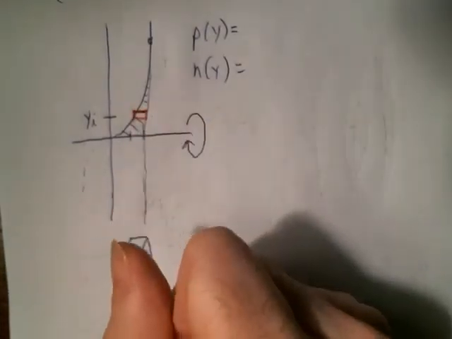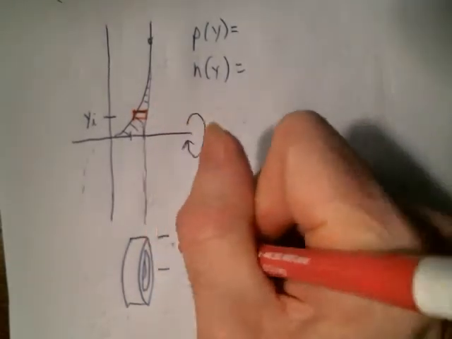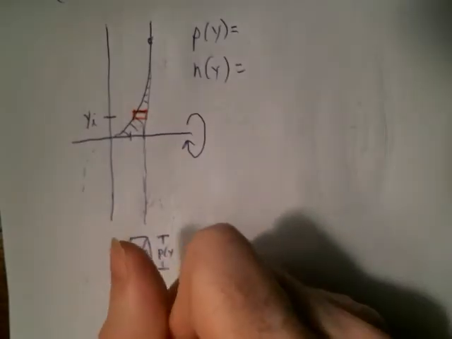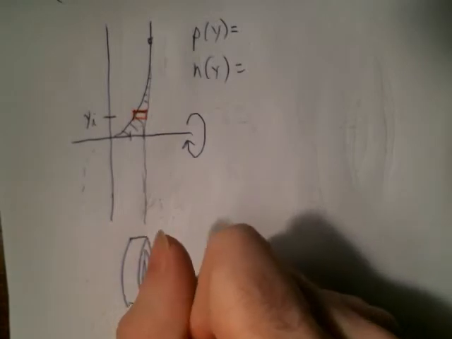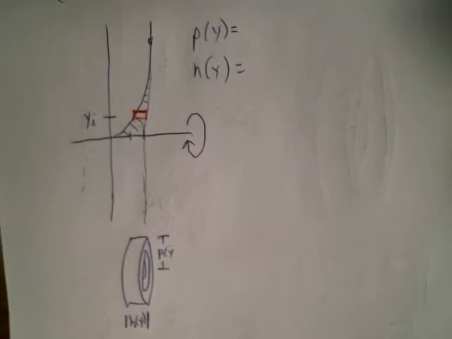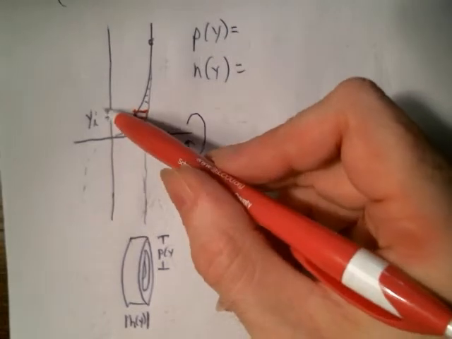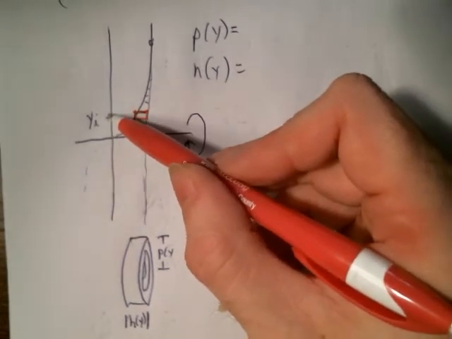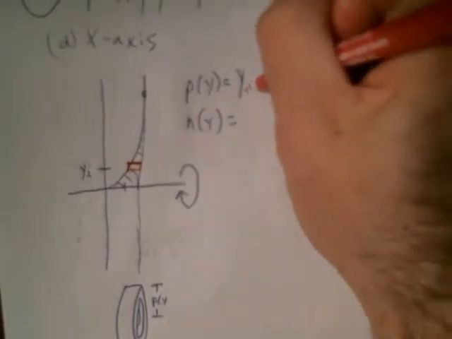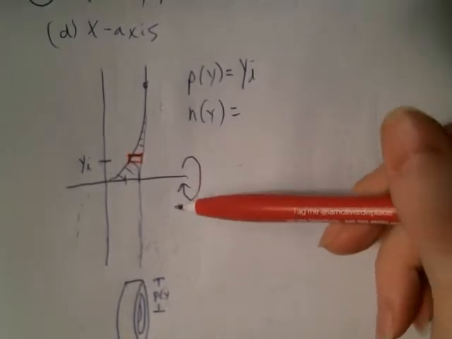I need to know this dimension here, which is the radius dimension, the p of y. And I also need to know the h of y, which is this dimension here. Okay. So the p of y is usually just going to be your y position. The distance from here to here is p of y. It's the radius, and it's usually just y sub i, unless you're rotating about a non-axis.